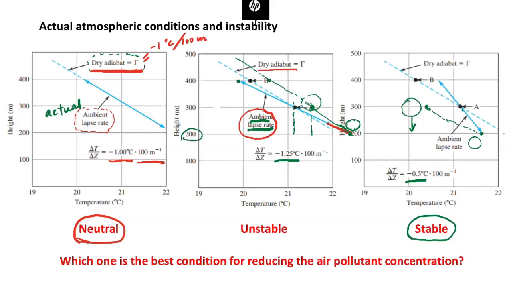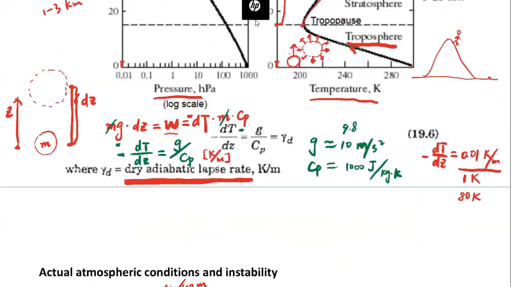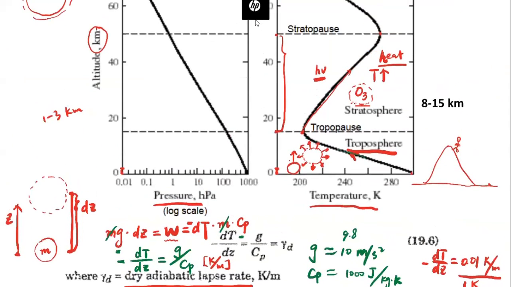So let's imagine the situation. Let's say we have a coal-fired power plant at the ground. So if we have an ambient lapse rate that follows this unstable condition, what this means is that the plume generated from the stack can rise up continuously all the way up to the top of the troposphere even.